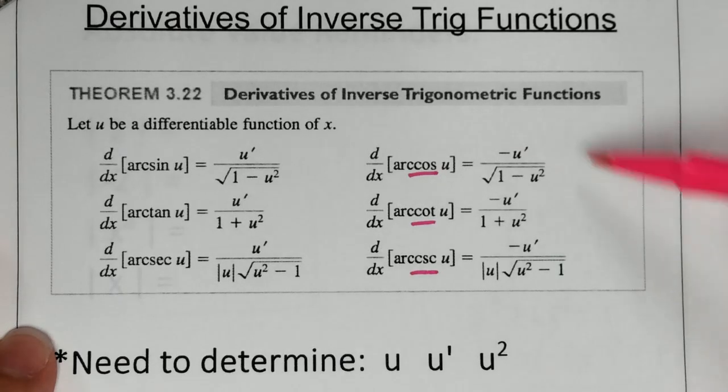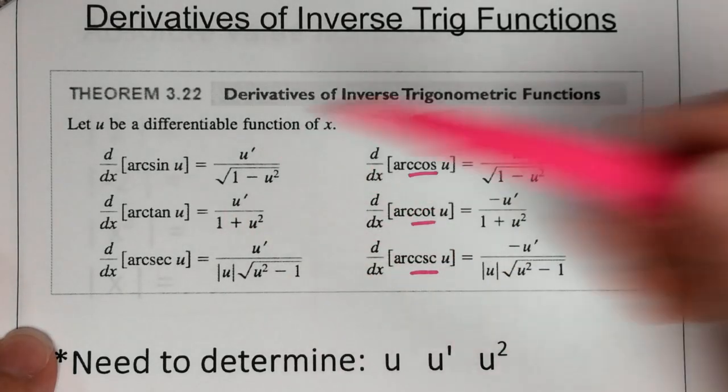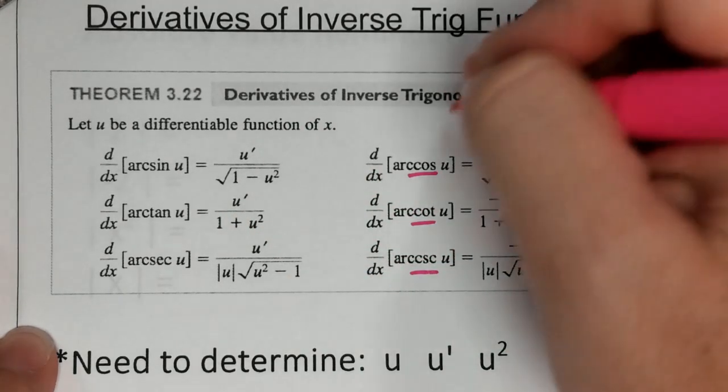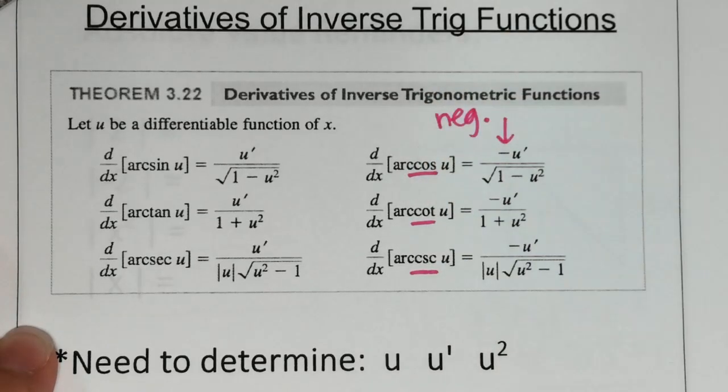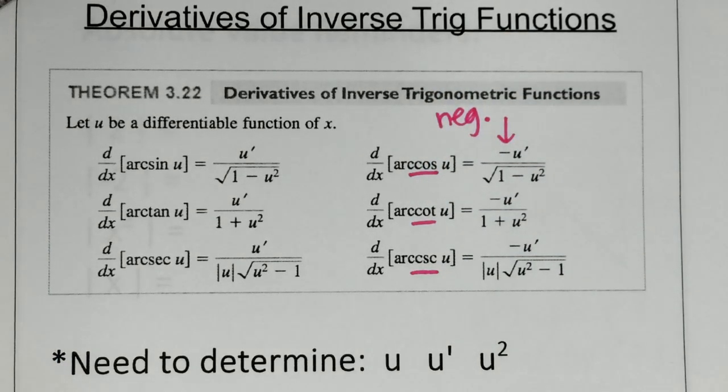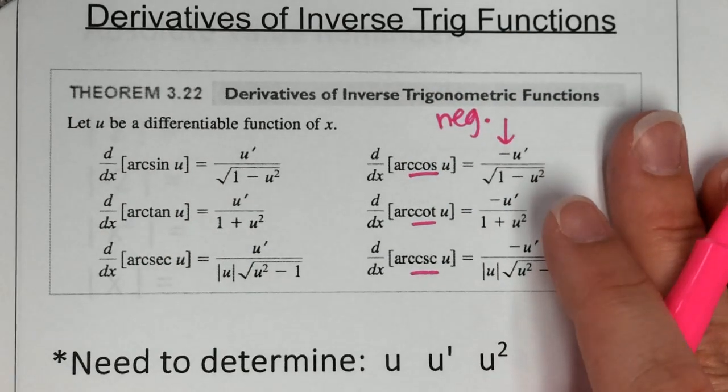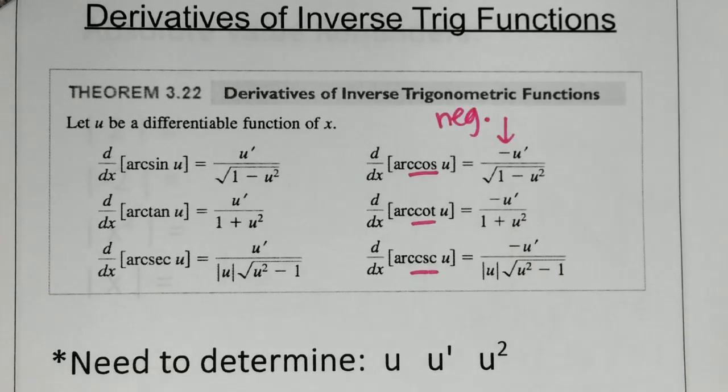And what do you notice about all of these compared to these? They all have a negative u prime in the top. Now, all 6 of these derivatives are fractions, and what do they all have in common? They all have the u prime in the top. So that's the same for all of them. You just draw a fraction, stick a u prime in the top for every single one.